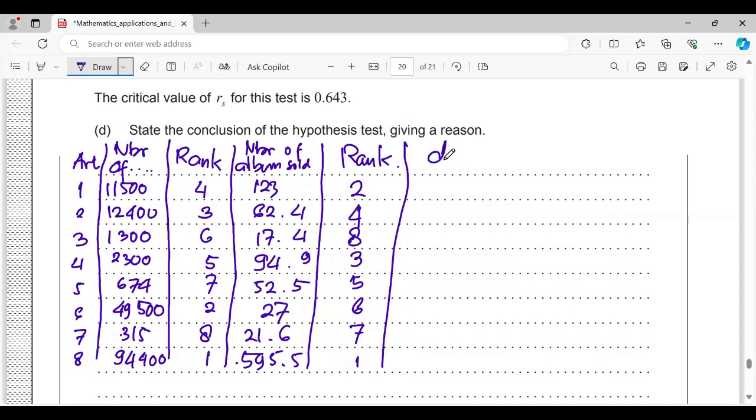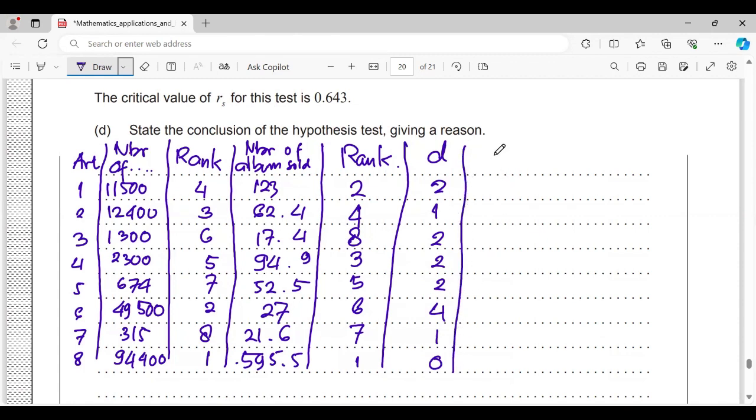After that, D. Sorry, not standard deviation, this is the distance between ranks. Ranks 4 and 2, the distance is 2, then 1, then 2, 2, 2, 4, 1, 0.